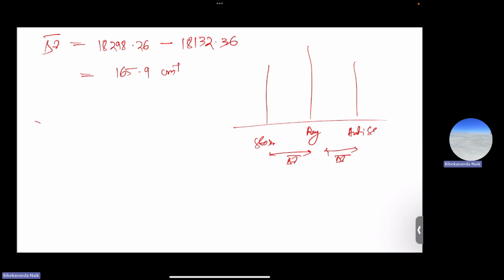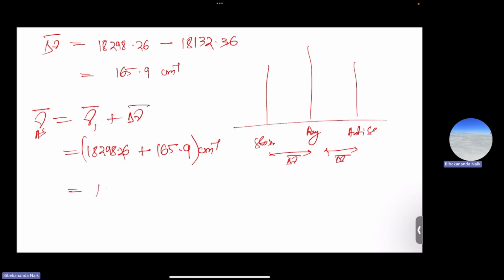Then the wave number of anti-Stokes line will be nu I bar plus del nu. The incident is 18298.26 plus 165.9 centimeter inverse. So it will be 18464.16 centimeter inverse.